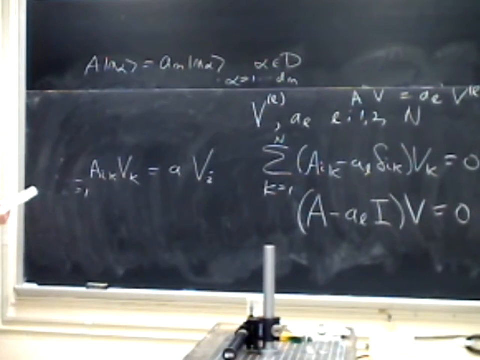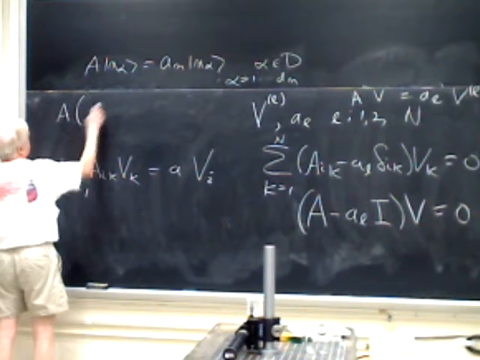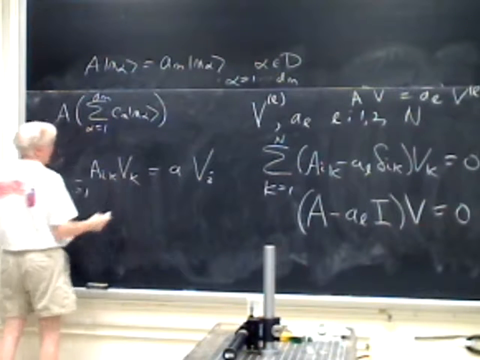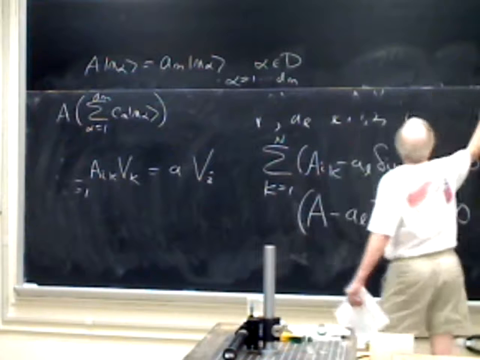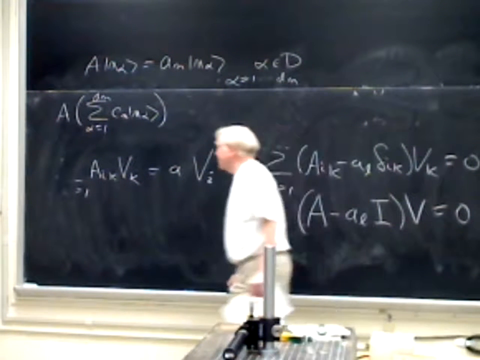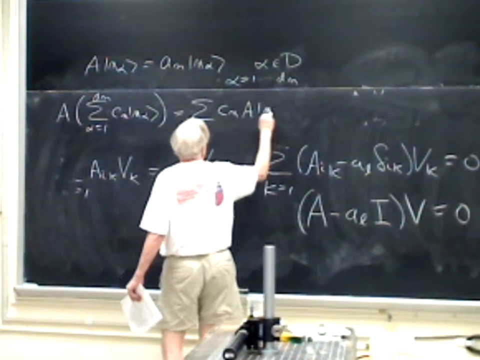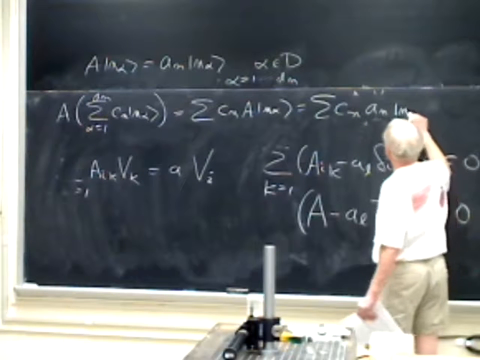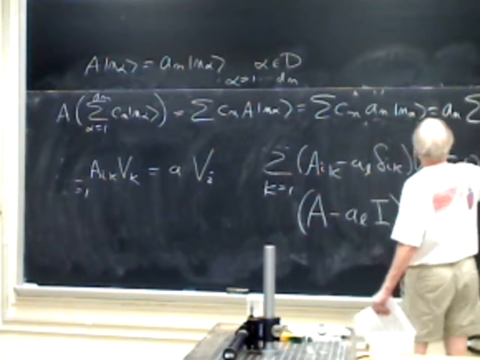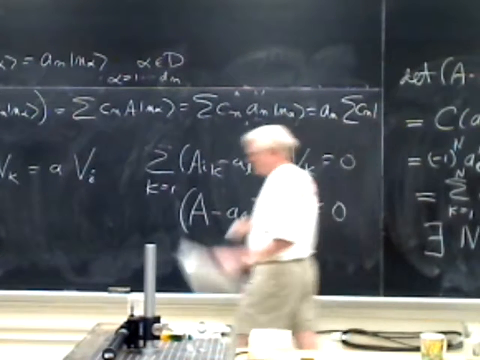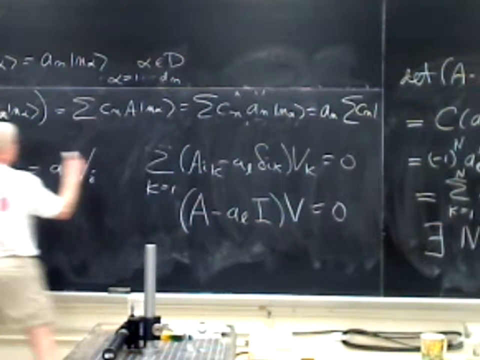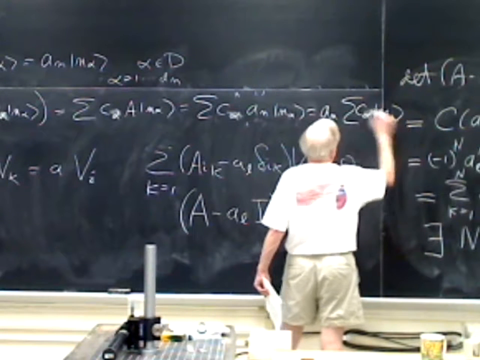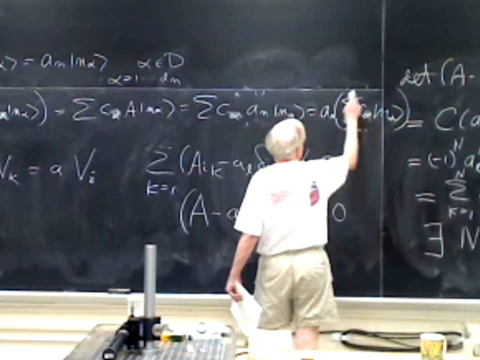Well, what you can notice is that A acting on the sum, α equals 1 to d_n, of c_α |n, α⟩, is any linear combination of these degenerate eigenvectors, and it will be an eigenvector of A with eigenvalue A_n. Here the c's are the coefficients c_α.